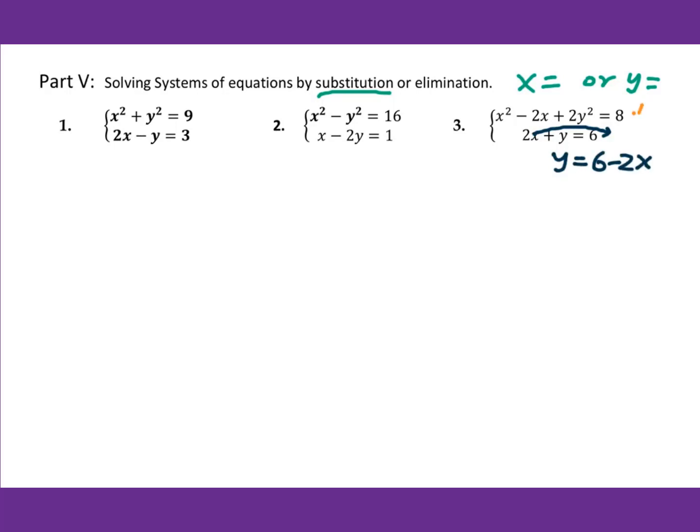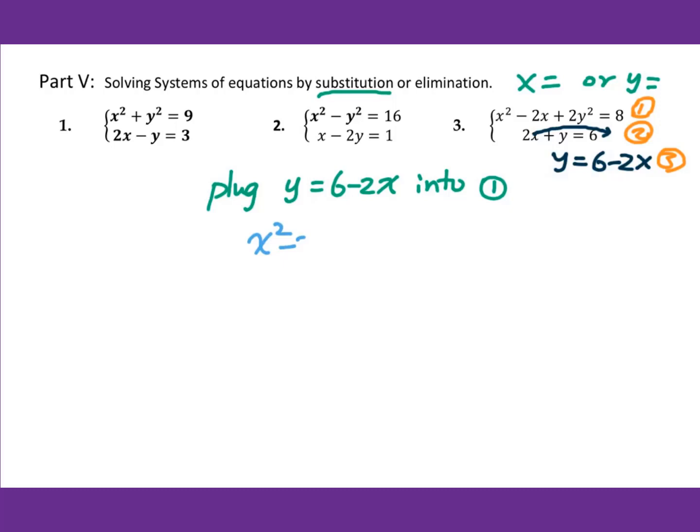Let's label this as equation 1, 2, 3. So we need to plug y equals 6 minus 2x into the first equation. Then you get x squared minus 2x plus 2 times (6 minus 2x) squared, then equals 8.